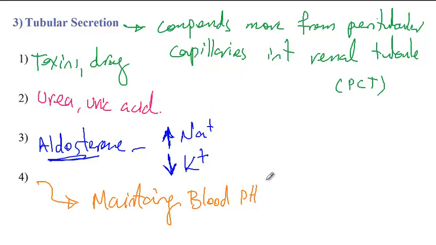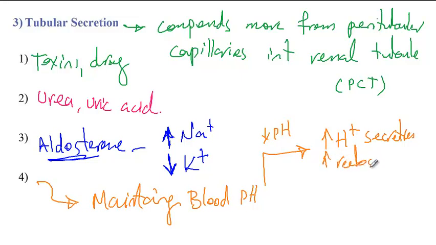Under these circumstances, the kidneys will increase H+ secretion and increase reabsorption of bicarbonate, as a consequence of which the result is an increase in blood pH. And then another scenario is, let's say that we have a high blood pH.